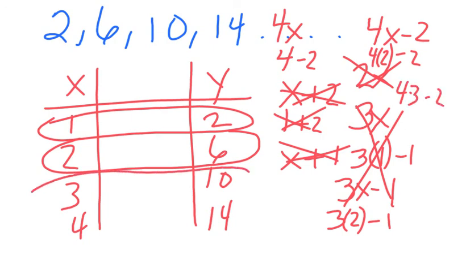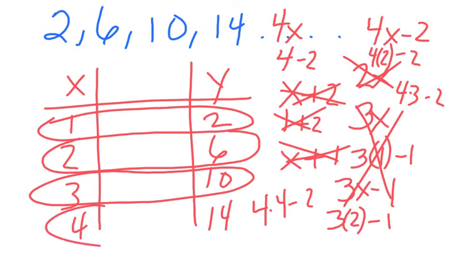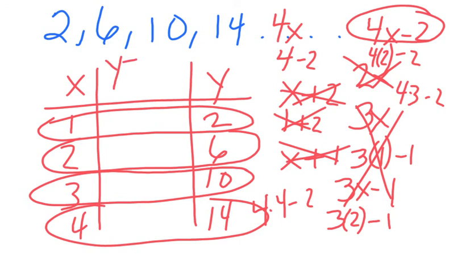Okay, it's working for the third one. Does it, in fact, work for the last one? 4 times 4 is 16. Minus 2 is 14. Yay, I found it. 4x minus 2 works for everything on this chart. So the answer, the function, the equation is y equals 4x minus 2.